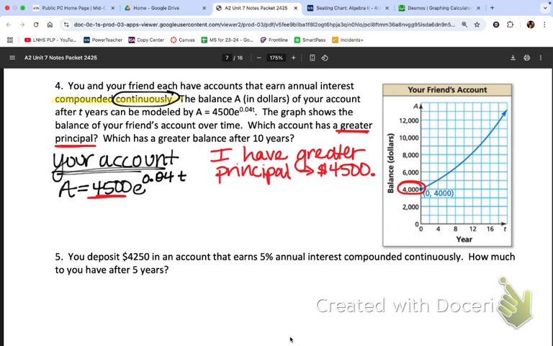Where do you put 10 years? T for time, right? Okay, so you're going to go ahead and calculate yours. E raised to, and then you can put this in parentheses, 0.04 times 10. Let's talk about how you need to type it in. Again, parentheses are your friend. So your calculator should have an E button if you're dealing with a handheld calculator.